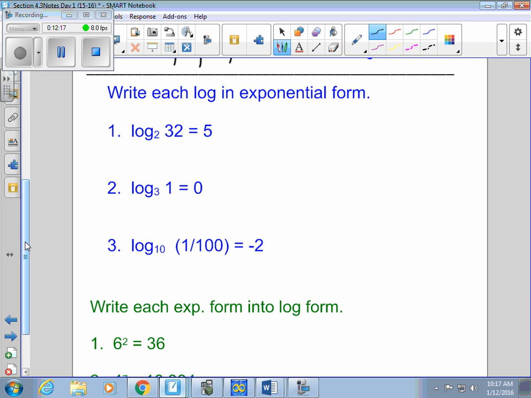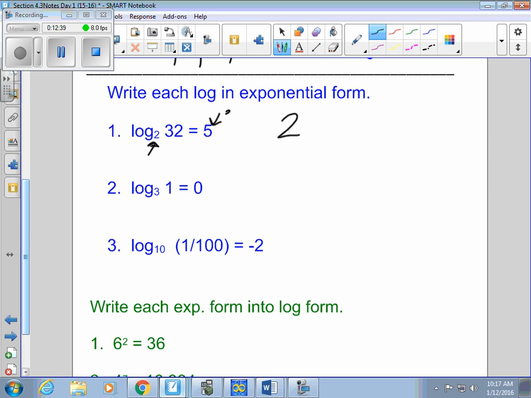The first part of your assignment is going to have you rewrite each log. You're going to look at the log and rewrite it as an exponent. So you want to keep your base the same. My base right here is a 2. So I'm going to go off to the side and write 2. The base of my exponential function is a 2. The exponent is what's on the other side.